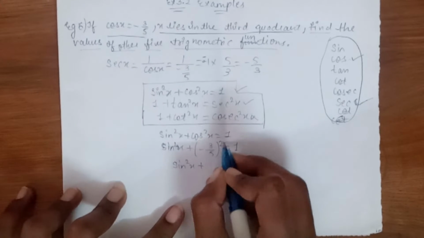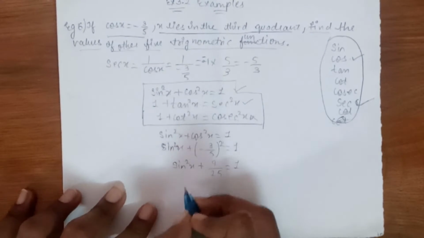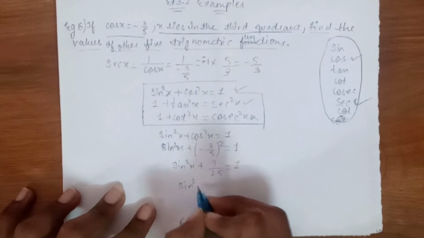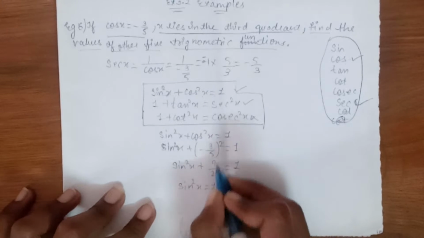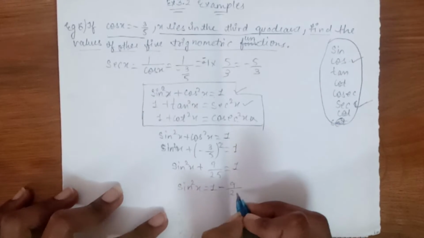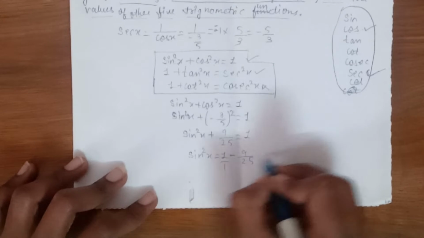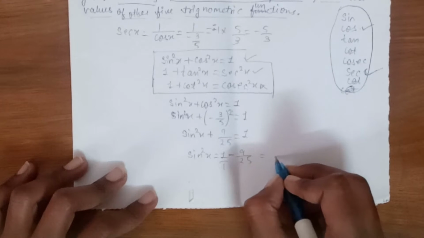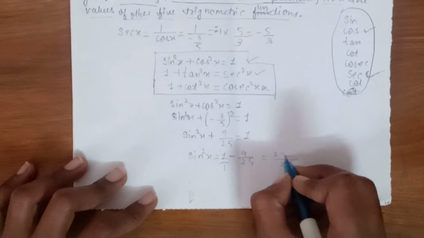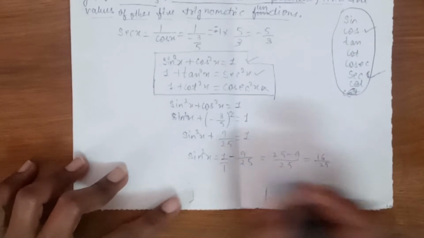So 3 square is 9, 5 square is 25. So sine square x plus 9 by 25 is equal to 1. The 9 by 25 goes to the right side and becomes minus 9 by 25. The LCM of 1 and 25 is 25. 25 minus 9 is 16 by 25.